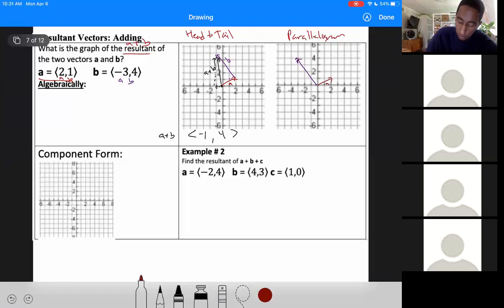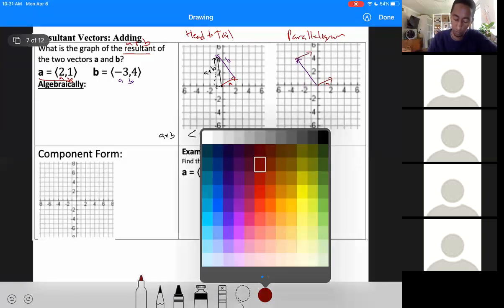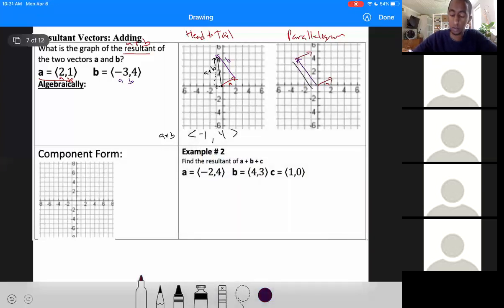So it'd be like this, a on the other side, parallel. Okay. And it would be the same thing for b. If we have b over here, we would draw it parallel on the other side to create a parallelogram. And that went left 3 and up 4, so from here, we would go left 3 and up 4. It's going to end up connecting with that one.